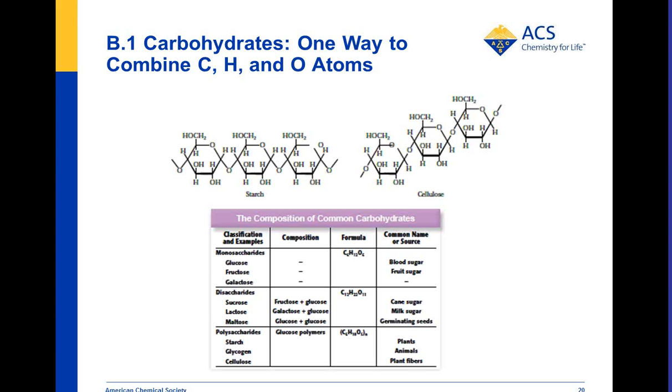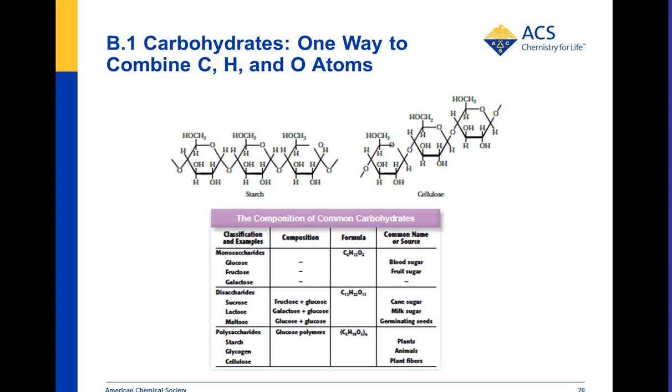I get the students to look at the diagram and then try to see the distinction between the starch and the cellulose molecules. At first glance, I find that most students are not able to distinguish between starch and cellulose. They look alike. So here it is important for students to notice the small differences between the two molecules.